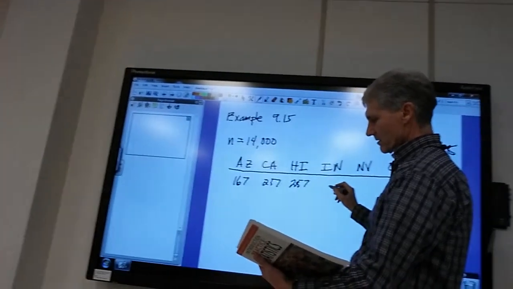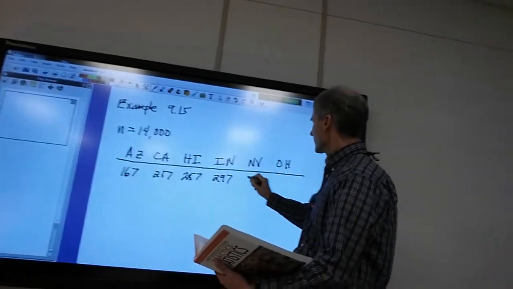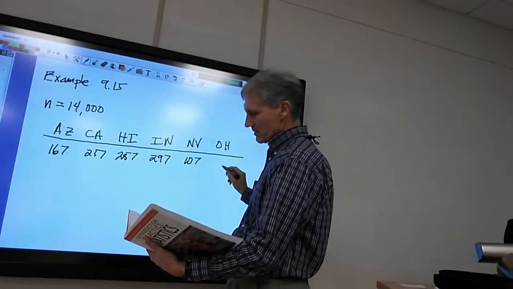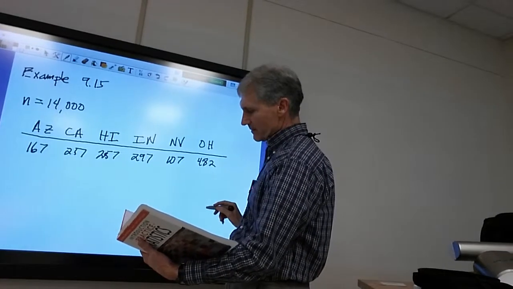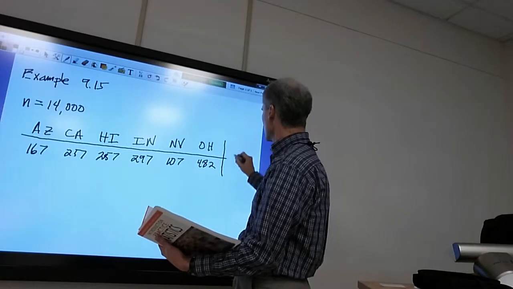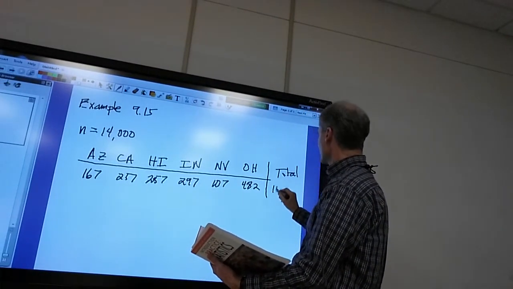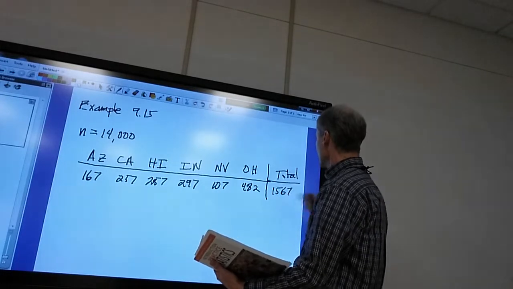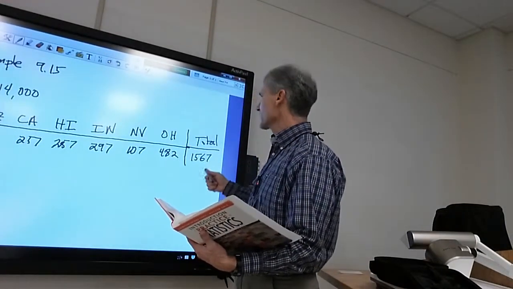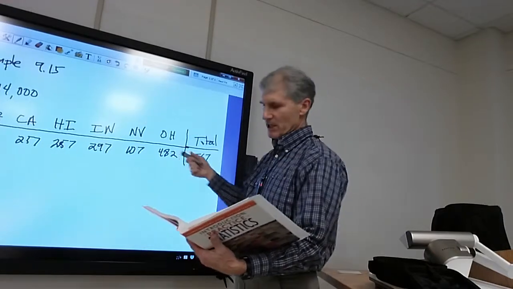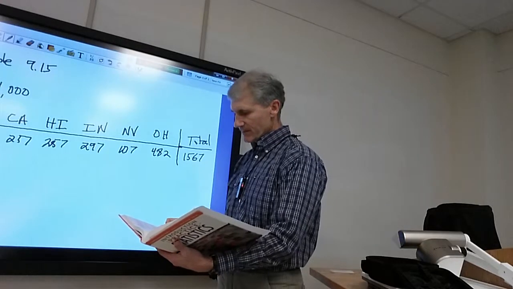My handwriting doesn't look good on this, but I assure you it's the board, not me. 107 and 482. And that was a total of 1567. Okay, so their sampling scheme didn't get them exactly 10%. It got them a little more than 10% of the 14,000. Right.